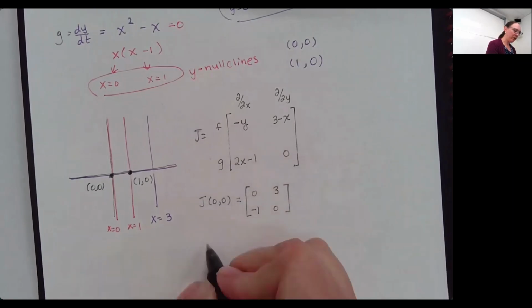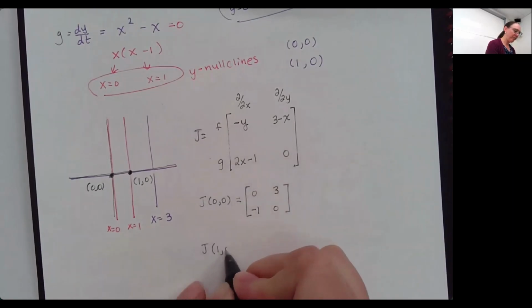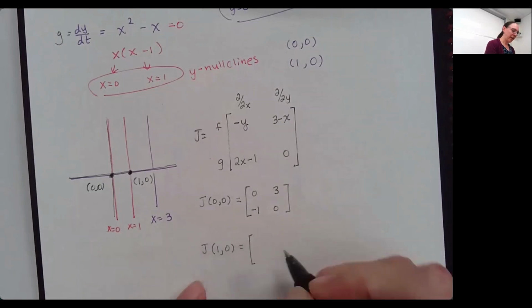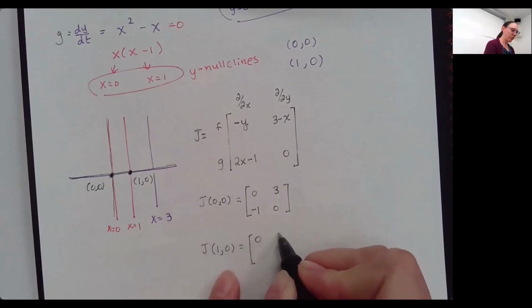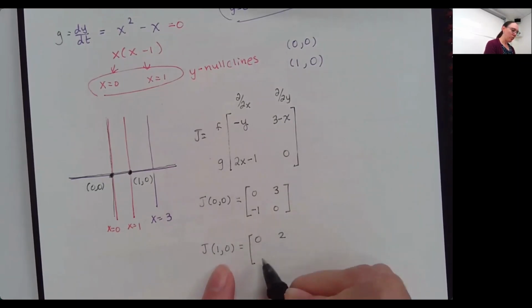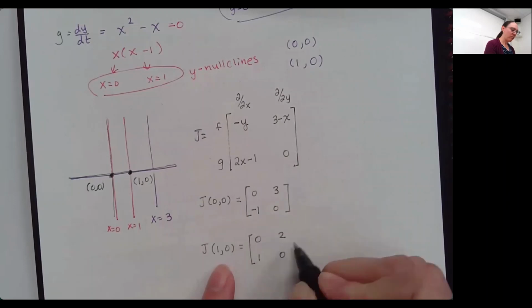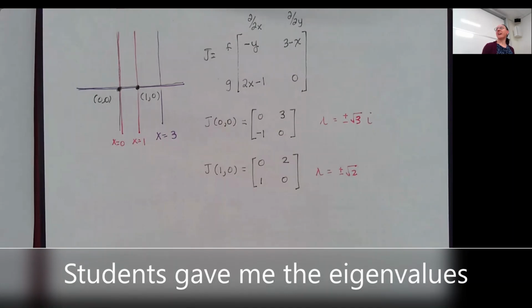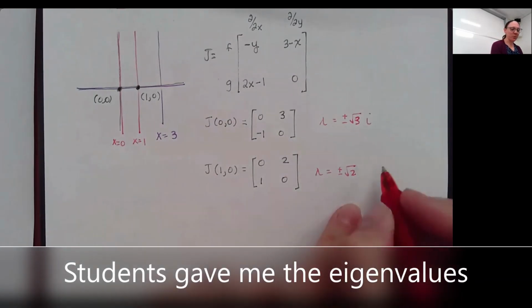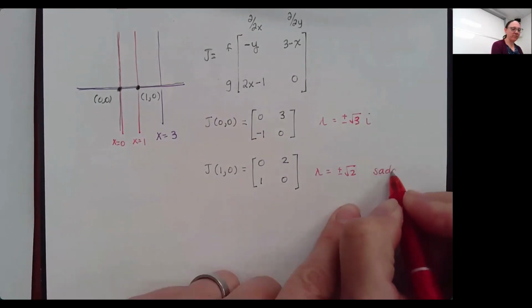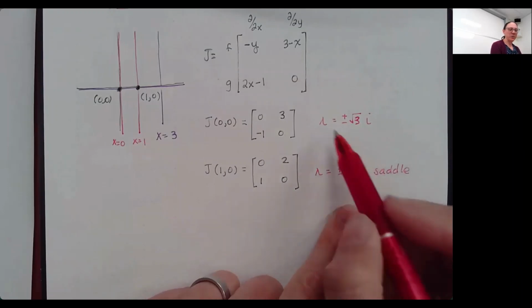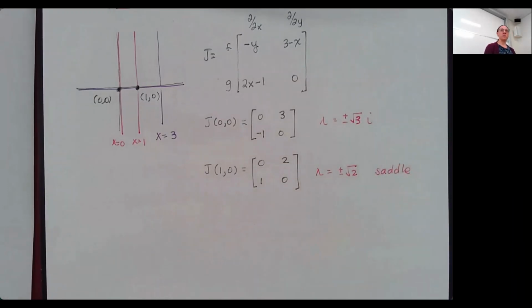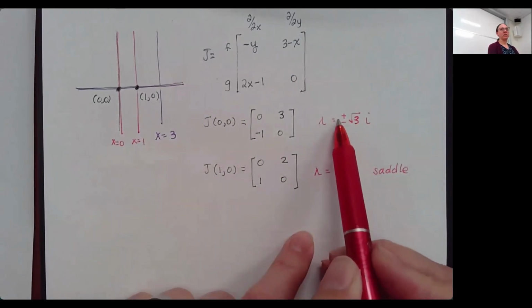And my Jacobian matrix at (1, 0) looks like [0, 2; 1, 0]. So that suggests to me that this one is a saddle. And this one we can call a neutral spiral or a center, since there's no real part right here.